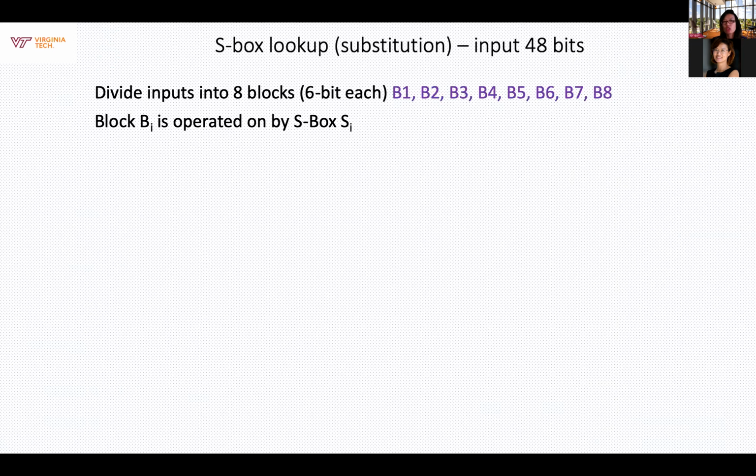Before input goes into the substitution box, it's divided into 8 blocks. Because of expansion, the input is 48 bits, and divided into 8 blocks, that means 6 bits per block. You figure out how to rearrange those 6 bits within a block, and then do this block after block.